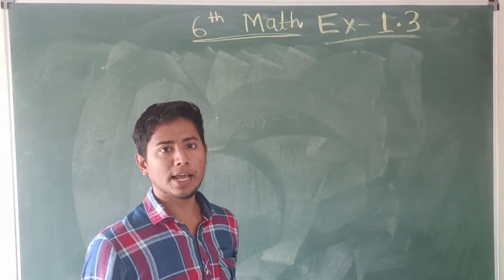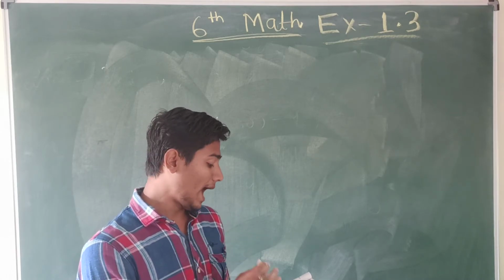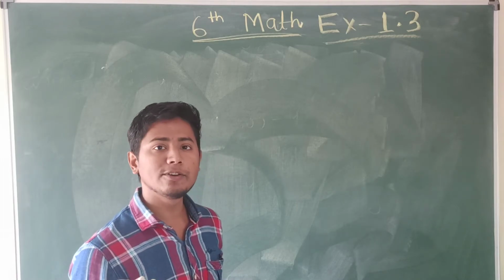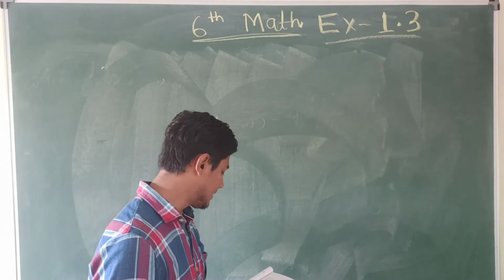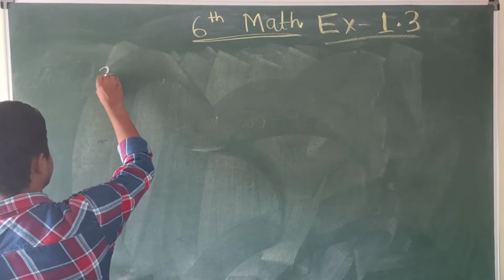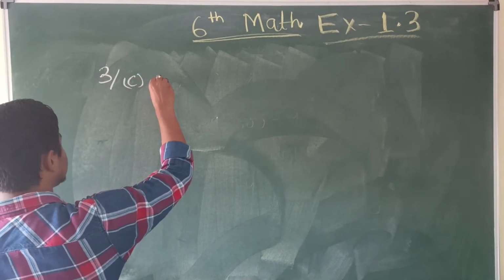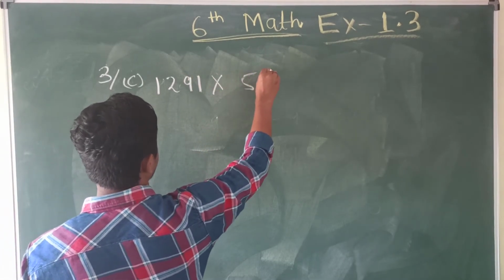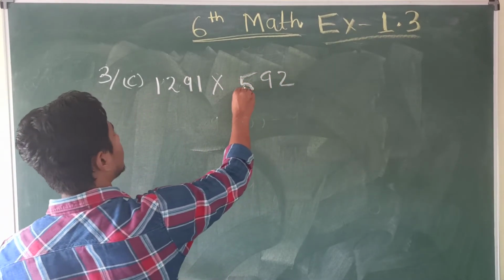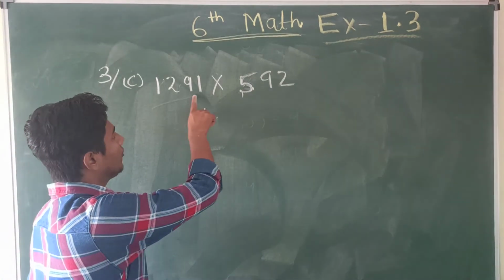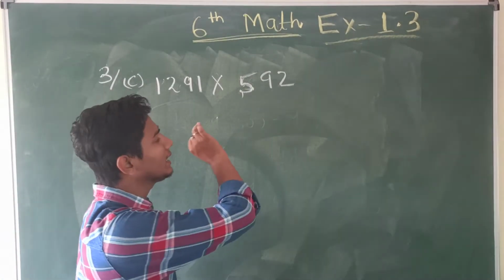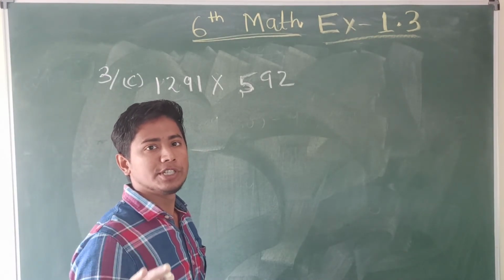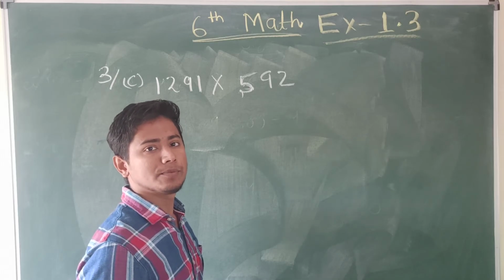You know how to multiply, but how do you multiply with rounding numbers? If you do rounding these numbers, then it will be easy to multiply. So let's see. Question number 3 C1 I will solve. That is 1,291 multiply with 592. So here before we rounding the numbers of equal digits, but here nothing is given, no instruction is given from which place you rounding the number to which place.